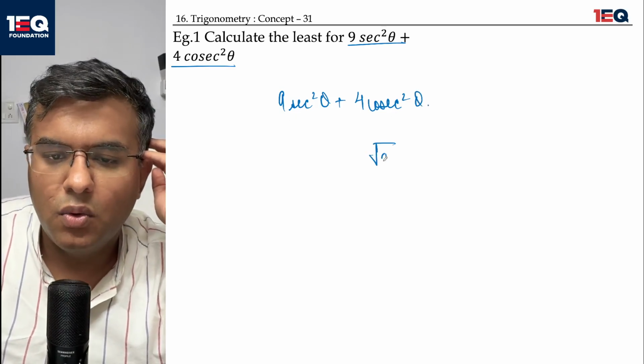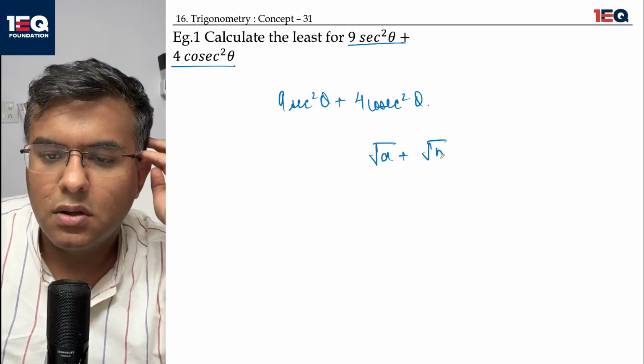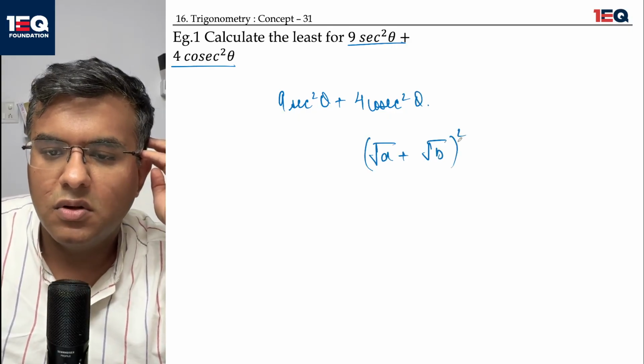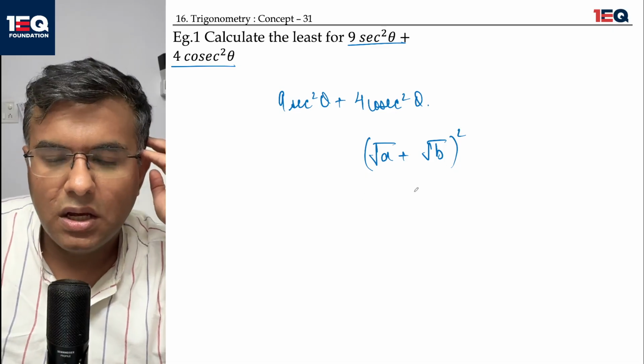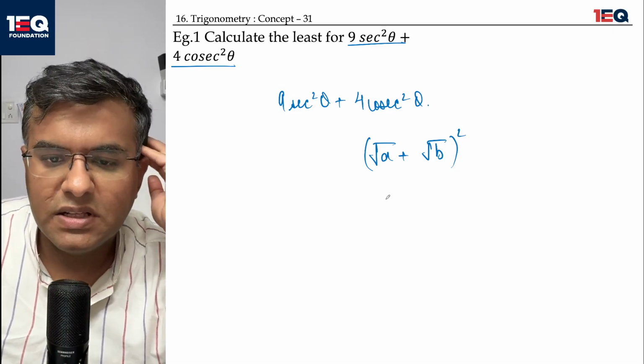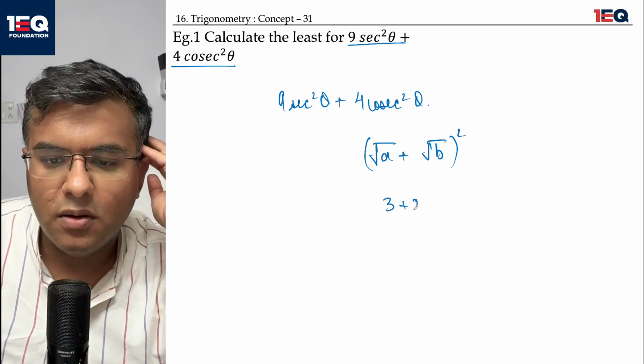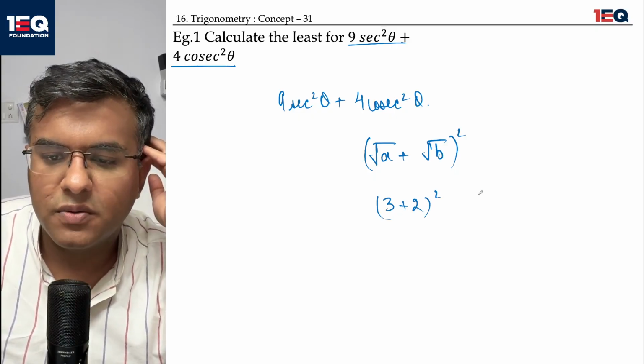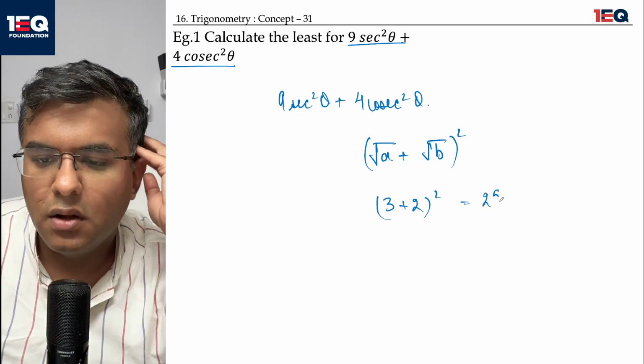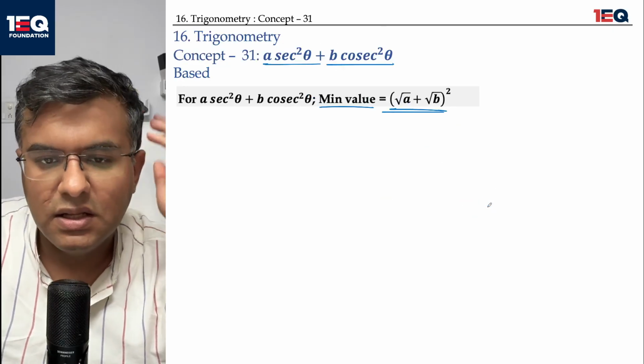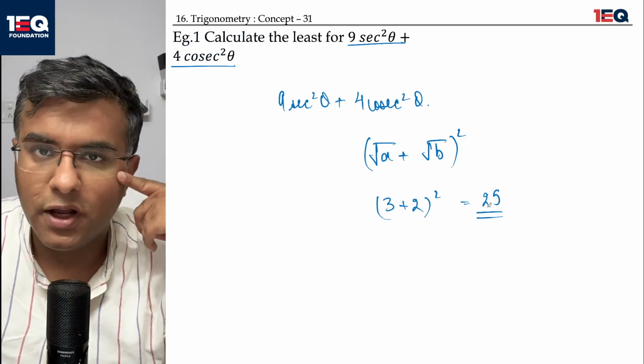Here root a plus root b whole square is going to be my answer. So root a means 3 and root b means 2 and whole square. So 5 square is nothing but 25, and this is the minimum value that we were talking about.